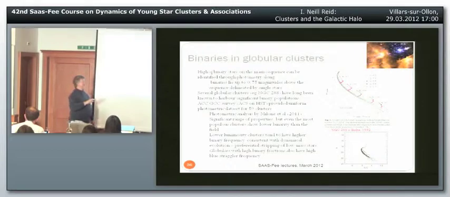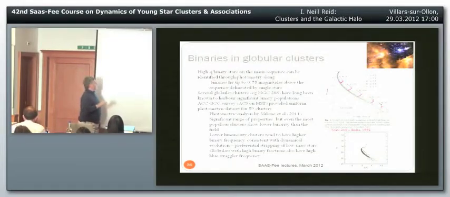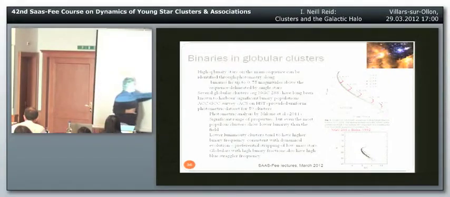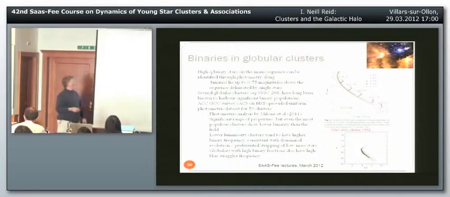So the only way you can set large scale constraints on binaries is by looking at the main sequence, and binary stars will scatter up above the main sequence because there are 2 stars there instead of 1. With that caveat, that then sets the limit in terms of mass ratios. You can only get high mass ratio systems there.